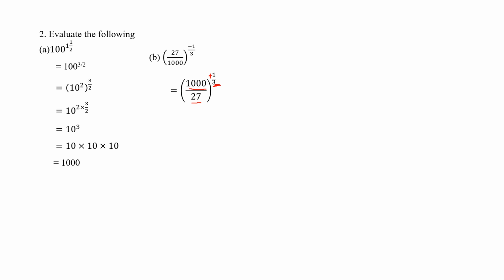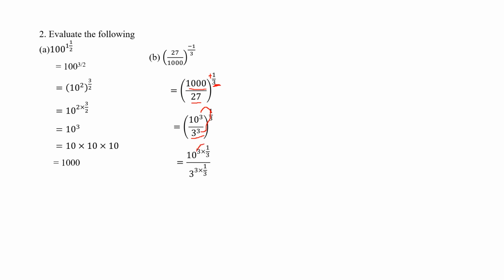So the 1000 from the previous example, we can see that the 1000 can be expressed as 10 power 3, and also the 27 can be expressed as 3 power 3. Then power a third right there. Then now the next step is to open the brackets. That is, the power third is going to multiply the power of 10, and also the power third is going to multiply the power of 3 right there.